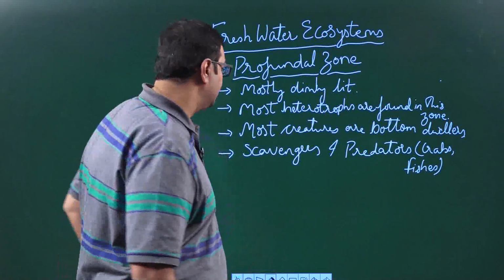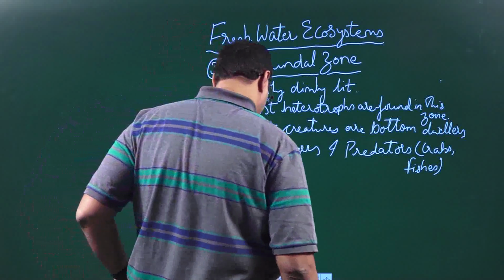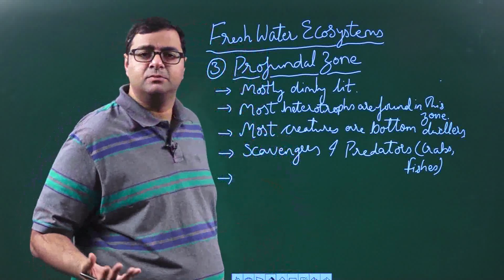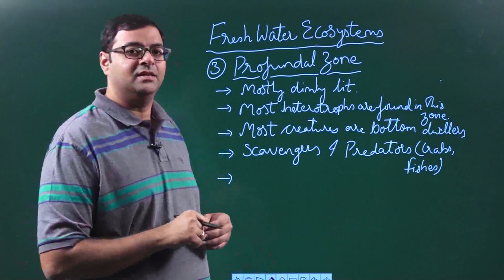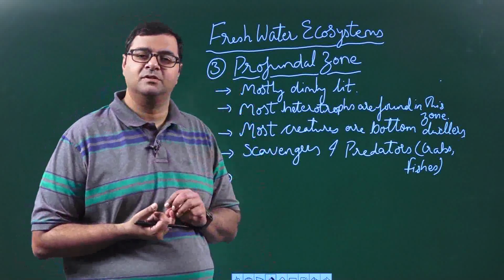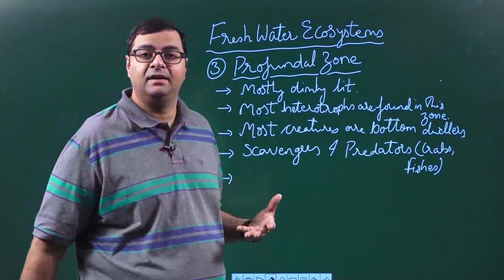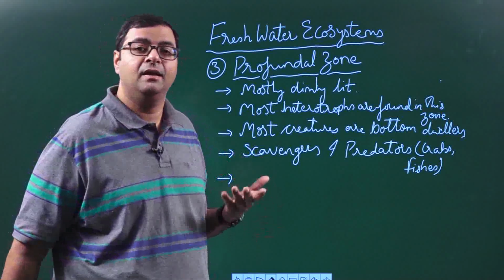Then the next point here is there are certain microorganisms which are present in this freshwater ecosystem. There are many, but these microorganisms are basically bacteria which act on the dead and decomposing organisms.